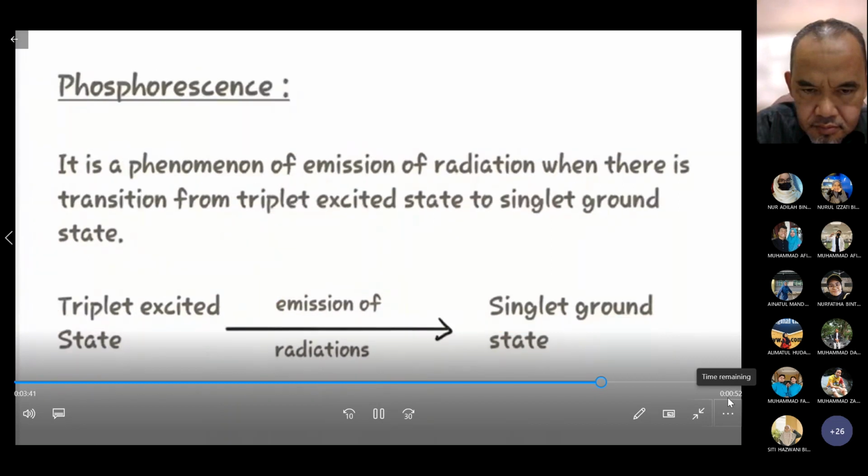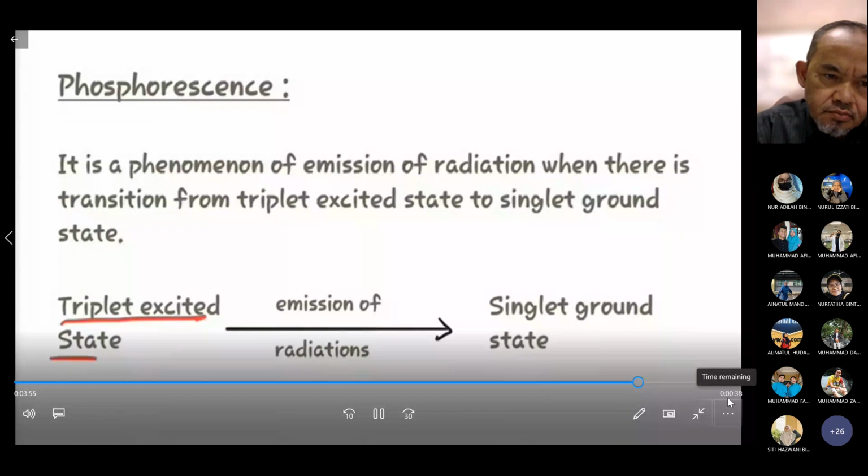The other term is phosphorescence. It is the phenomenon of emission of radiation when there is transition from triplet excited state to the singlet ground state. That is, when there is transition from triplet excited state to the singlet ground state, there is again an emission of radiation which is known as phosphorescence.